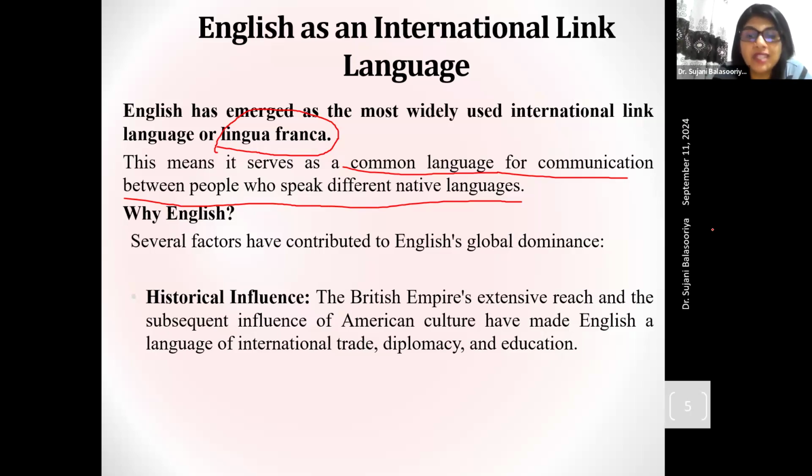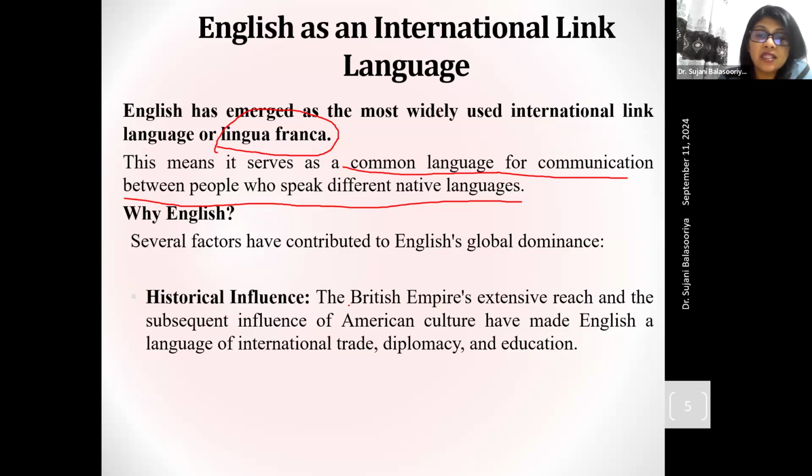Whenever we talk about history, right, it all goes back to colonization, basically the colonizations by the British Empire, right? The British Empire's extensive reach and the subsequent influence of American culture have made English a language of international trade, diplomacy, and education, right? British Empire, now the word colonization is not given here, but you get that idea, right? British Empire's extensive reach, right?